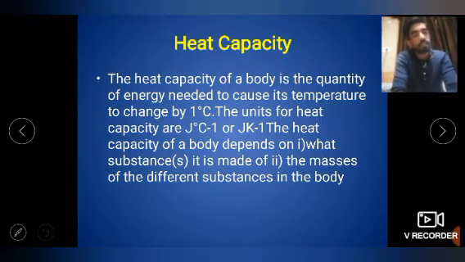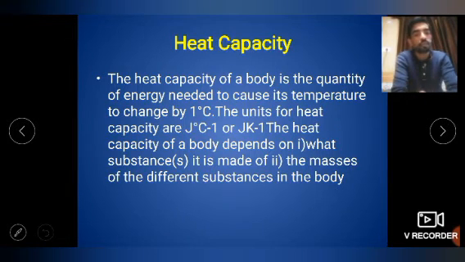Heat capacity of a system is defined as the amount of heat required to raise the temperature of the system through 1 degree Celsius. Once again, the heat capacity of a system is defined as the amount of heat required to raise the temperature of the system through 1 degree Celsius.